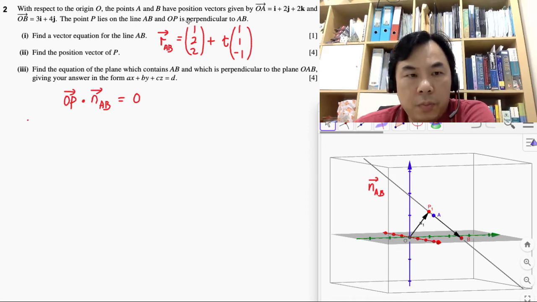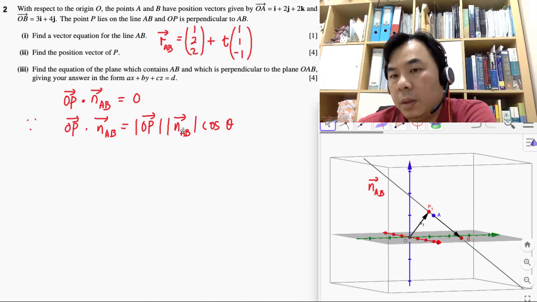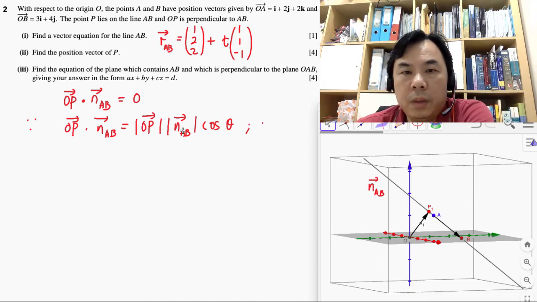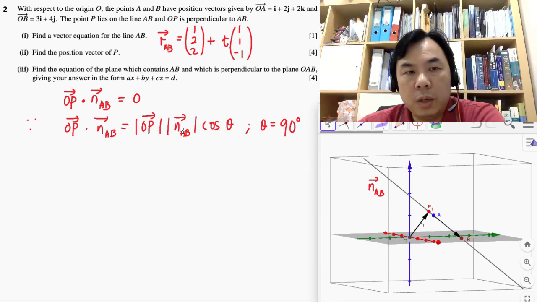Because OP dot with this is given by cos theta, where theta is the angle between the line OP and the line AB. Because they are 90 degrees to each other, theta is equal to 90 degrees. If you put 90 degrees into cosine, we get 0. So that's the reason why it satisfies this equation.